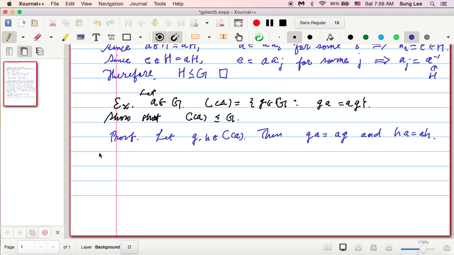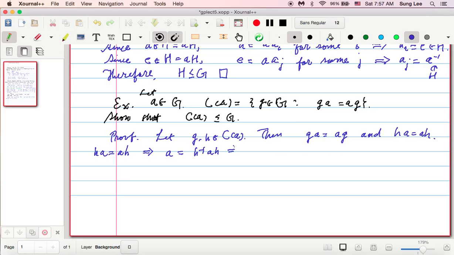Okay, from here, HA equals AH means that if you multiply by H inverse, I mean, G is a group, H belongs to G, so H inverse exists. If you multiply each side by H inverse from the left, we have A equals H inverse AH.